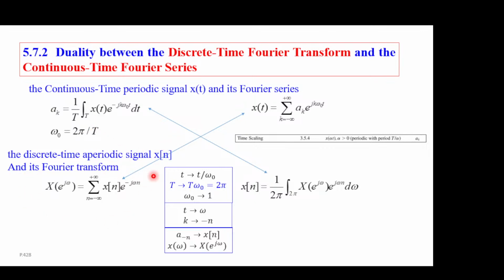And then our discrete time Fourier transform says that we have a discrete time function, and it can be written as this integration of the spectrum X with e to the j omega n.